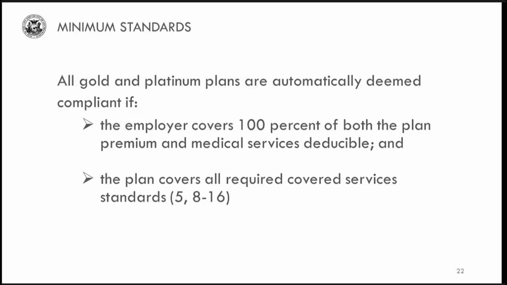Note that if your health insurance policy does not end until after the revised minimum standards become effective for 2025, you will not be considered out of compliance. Only the subsequent plan with an effective date on or after January 1st, 2025 will need to comply with the revised standards. Next slide, please.